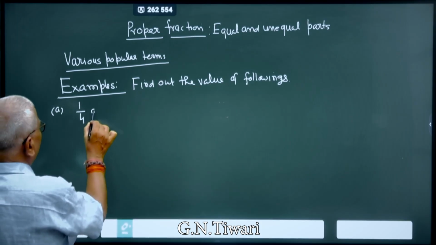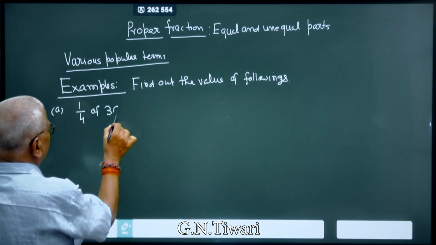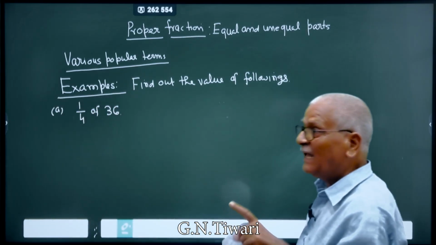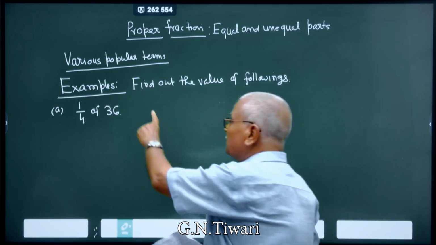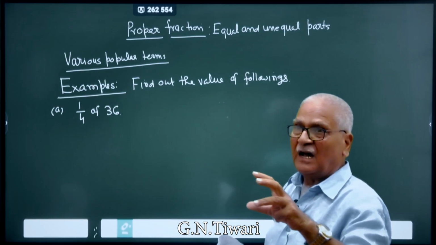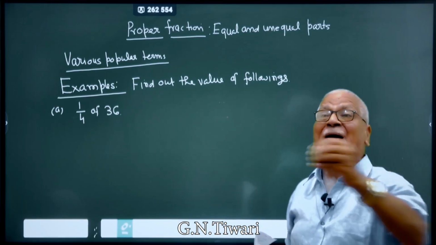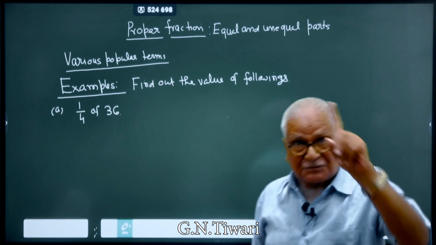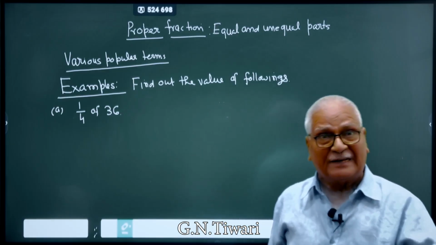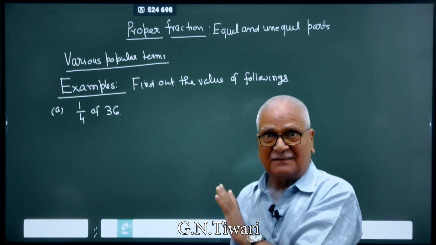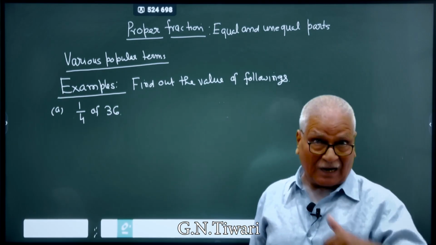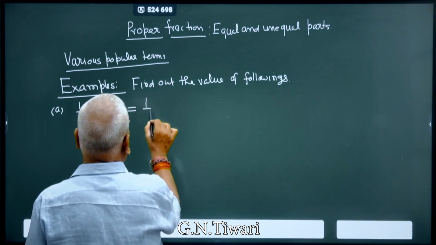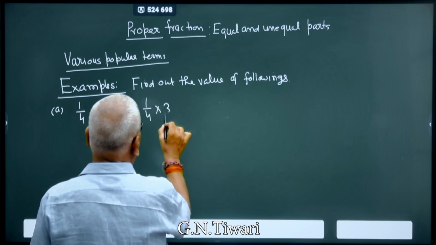So suppose someone says 1/4 of 36. ध्यान दीजिए, इसमें फ्रैक्शन भी यूज हुआ है और ग्रुप भी यूज हुआ है. 36 इज ए ग्रुप और सपोज देयर आर 36 मैंगो, तो इट इज ए ग्रुप ऑफ 36 मैंगो. और कहा जाए कि 36 मैंगो में से 1/4 मैंगो मिस्टर राम को दे दिया जाए, तो कैसे निकालेंगे? वो कम होगा. तो 1/4 का मतलब होता है 1/4 into 36.